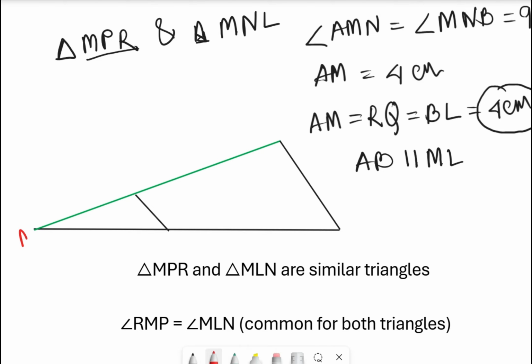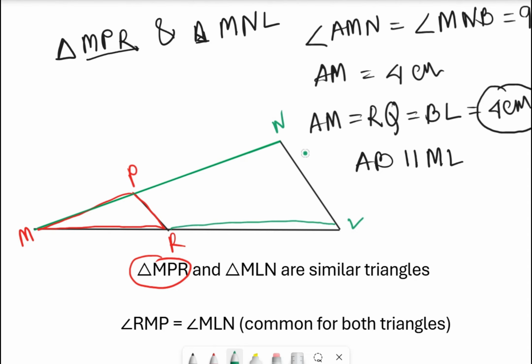So M, this is P, and this is R, and these red lines are triangle MPR, and the green triangle is M, up to this much, so this is N and this is L.